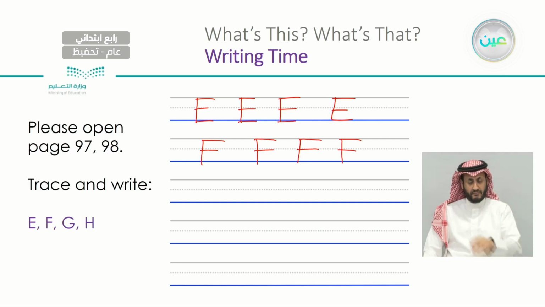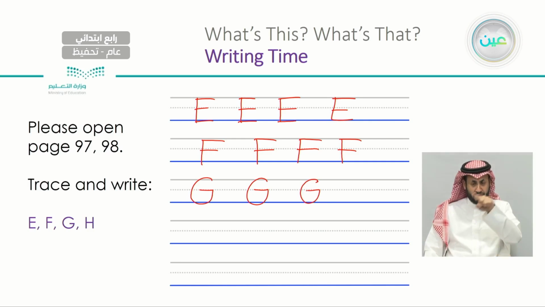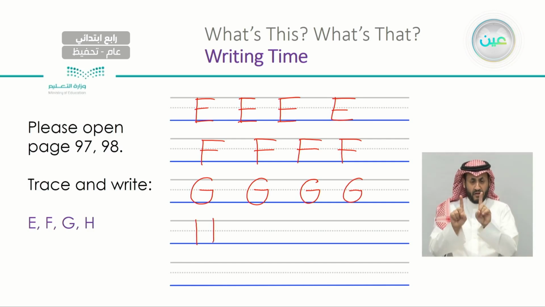Next we have uppercase G. It's like we're writing a C, but then we're going inwards to draw a line, like this. Like this. Then we have the letter H. 2 lines facing each other. Then we have a line between them.